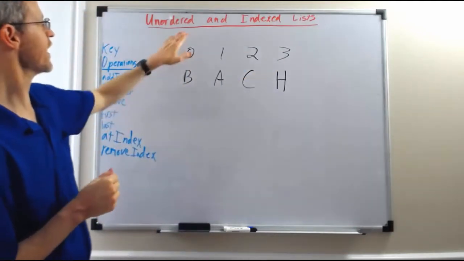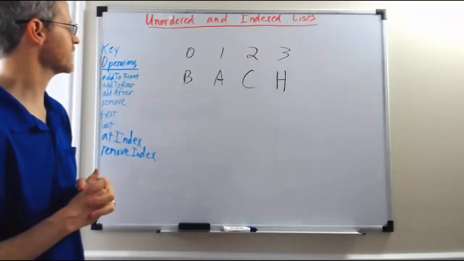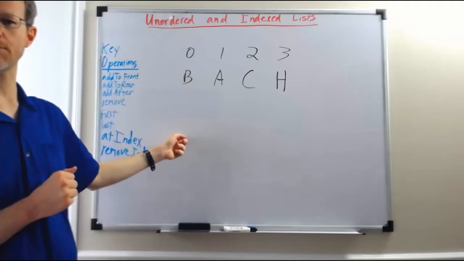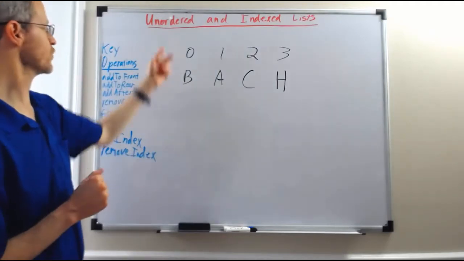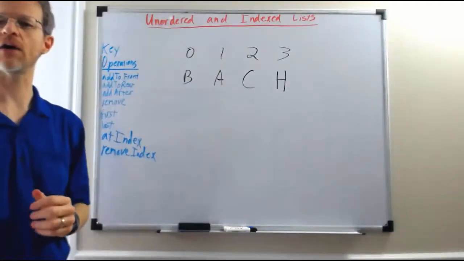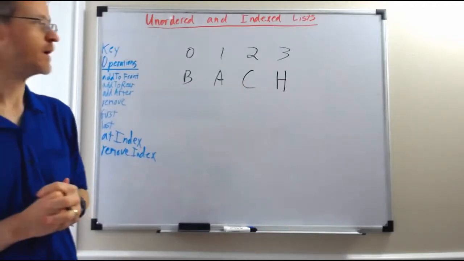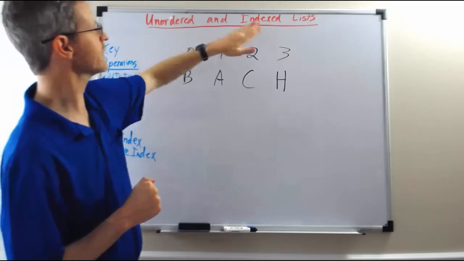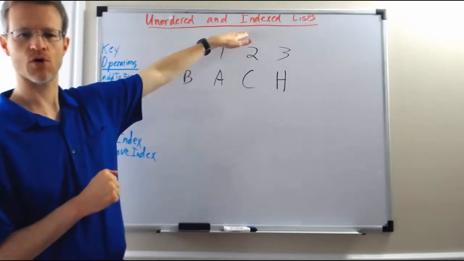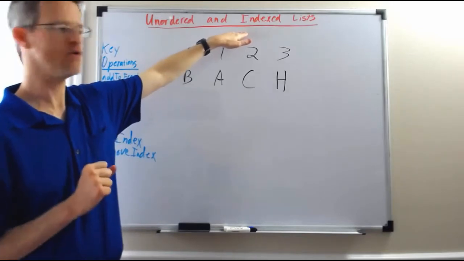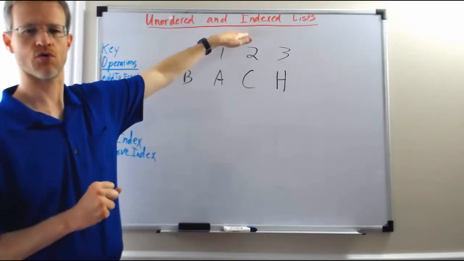And again, because unordered and indexed lists let us put things in at different places or different ways, they have multiple add operations, whereas an ordered list only has a single add operation, which is going to automatically determine where to place the thing. So in unordered and indexed lists, elements go exactly where we specify. In ordered lists, elements go where they're supposed to go according to the defined order on the list.